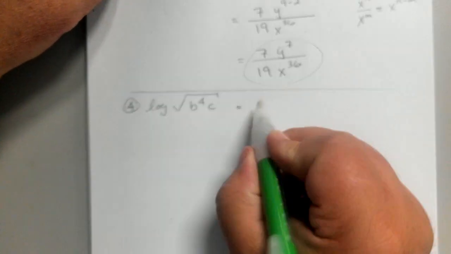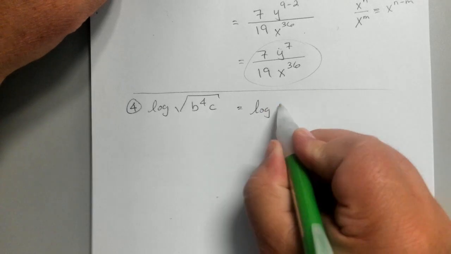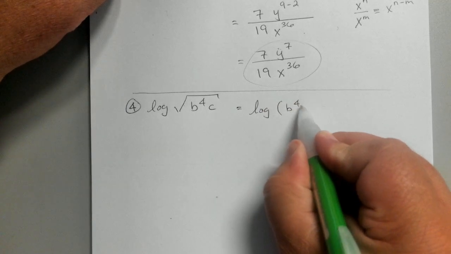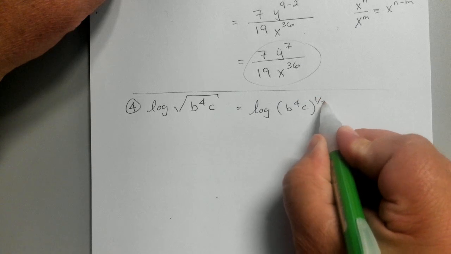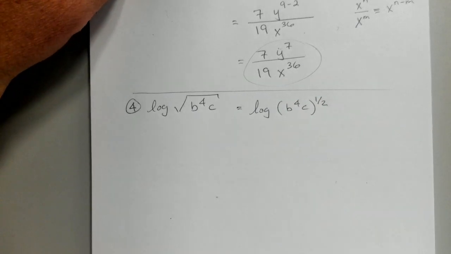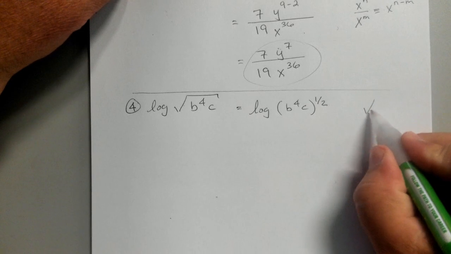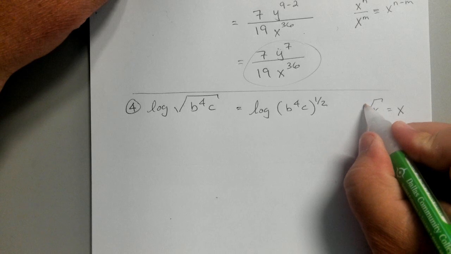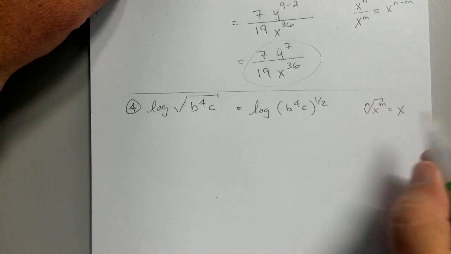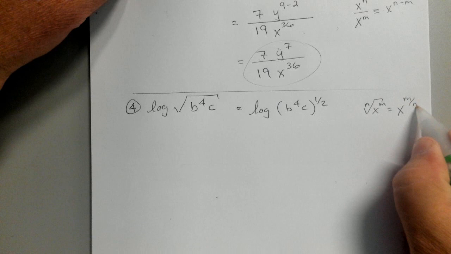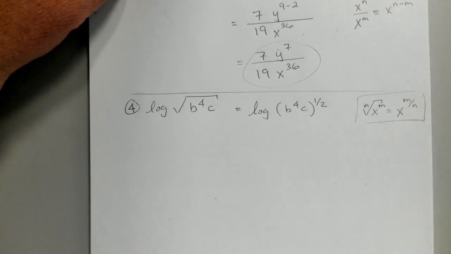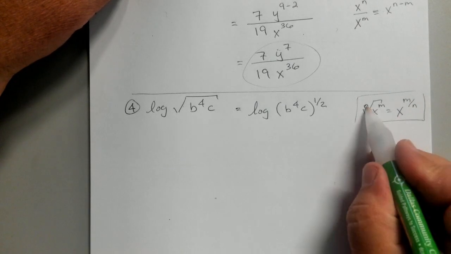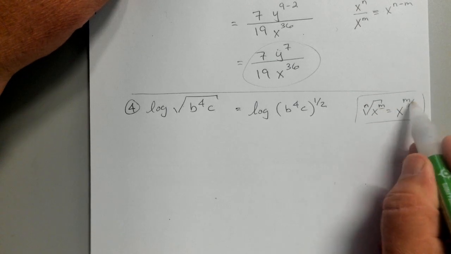First thing we have to do is get rid of the radical. So the radical x becomes, the conversion from radicals to exponents is that. Whatever the root is goes on the bottom, whatever the exponent is goes on top.